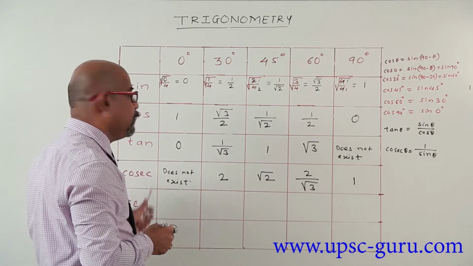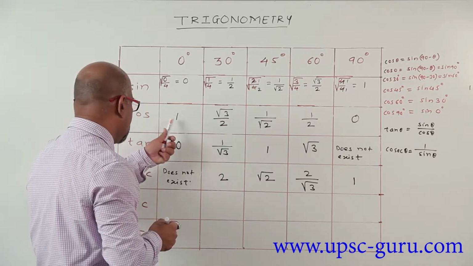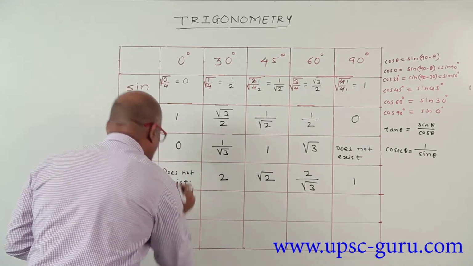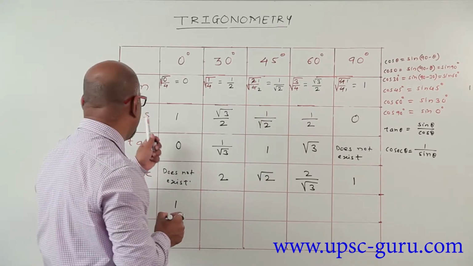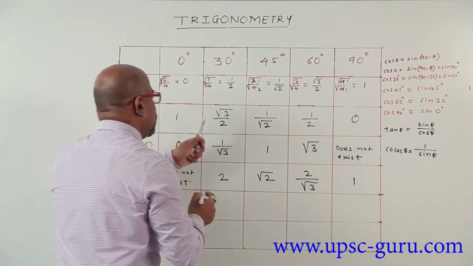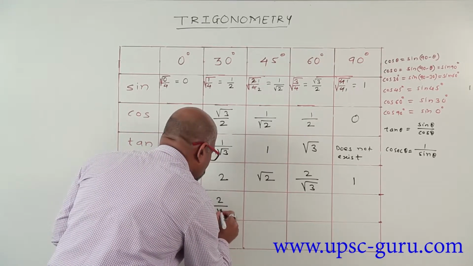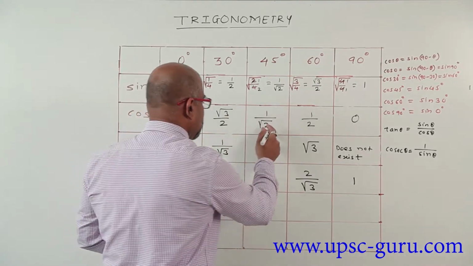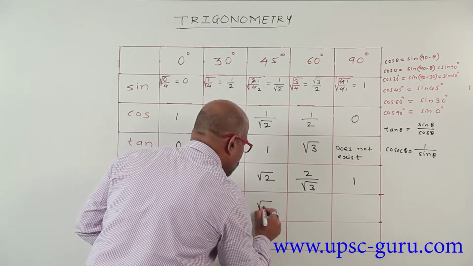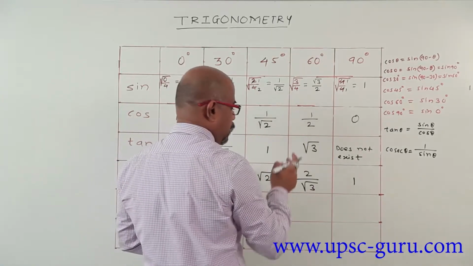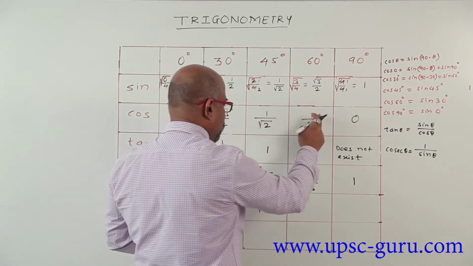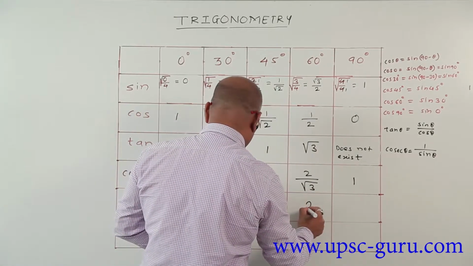We know that sec is the reciprocal of cos theta. Reciprocal of 1 is 1, therefore sec 0 is 1. Sec 30, reciprocal of root 3 by 2, gives you 2 by root 3. Reciprocal of 1 by root 2 is root 2. Then, reciprocal of 1 by 2 is 2.